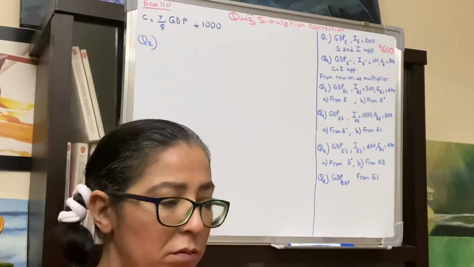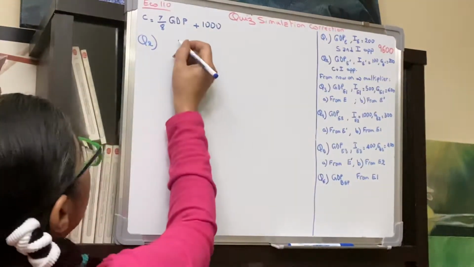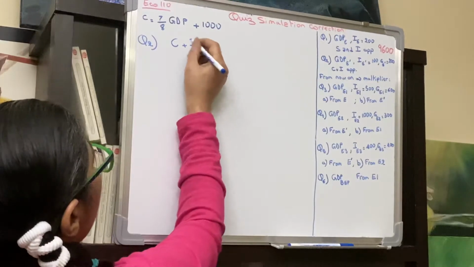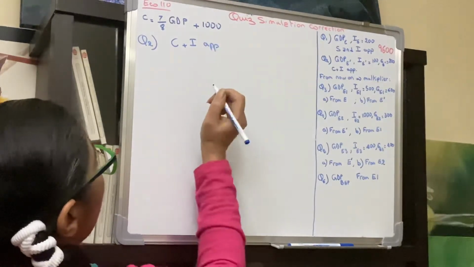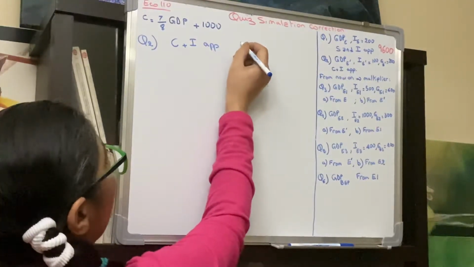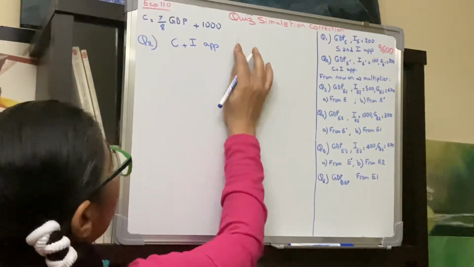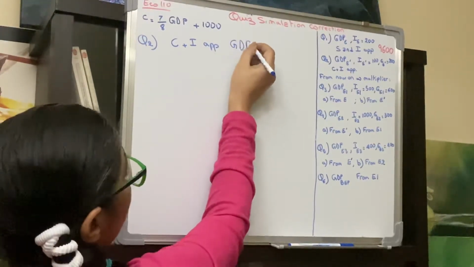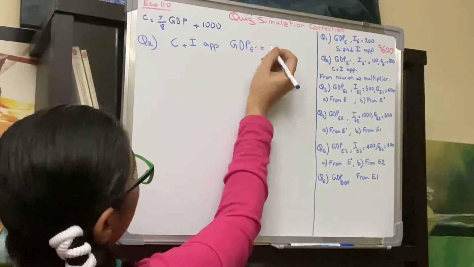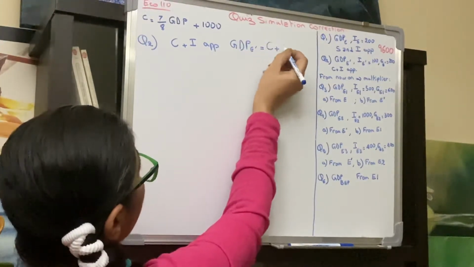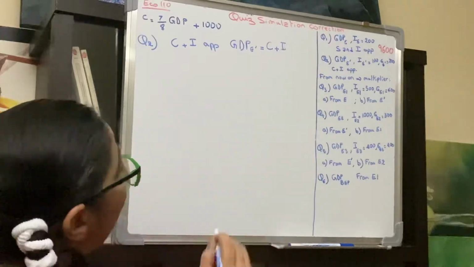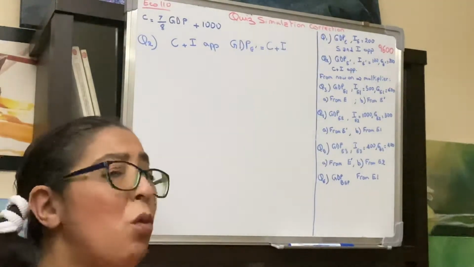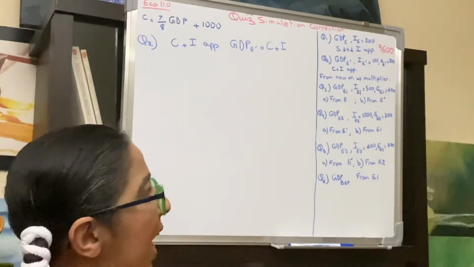The C plus I approach is when the equilibrium GDP, GDP at E prime, should be equal to C plus I. Is it only C plus I, or should I add the government?